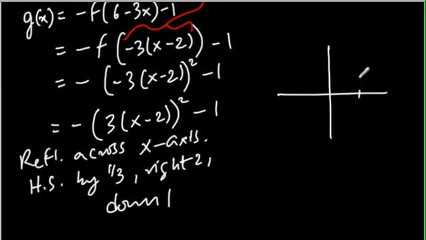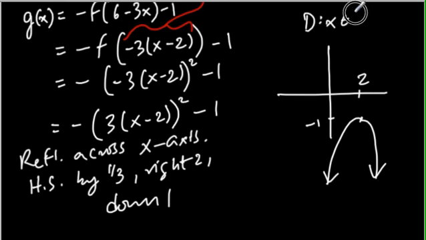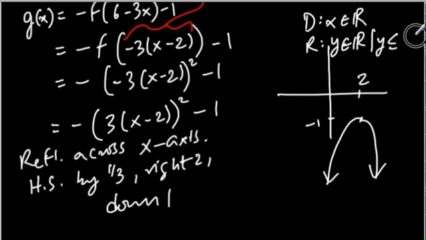It's to the right 2 and down 1. And so the domain is x is an element of reals, and the range is y is an element of reals, and y is less than or equal to negative 1. Okay, so that's that one. Let's move on to the next.